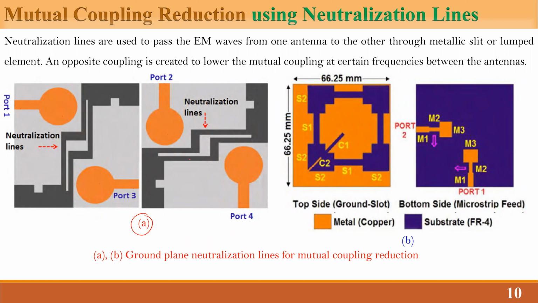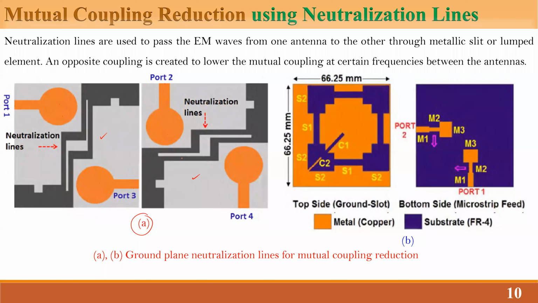So this is the top face and this is the bottom face of the substrate, with antennas on each, and you connect the connectors, so there are 4 ports. Needless to say, all these four radiating elements are orthogonal to each other.